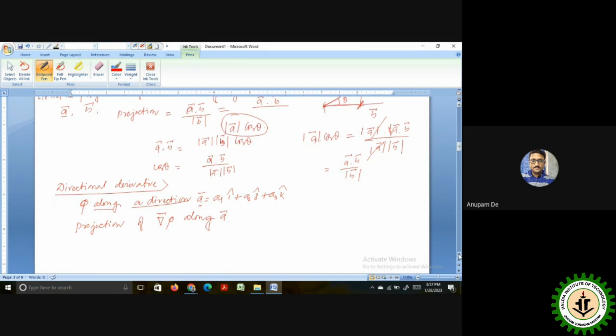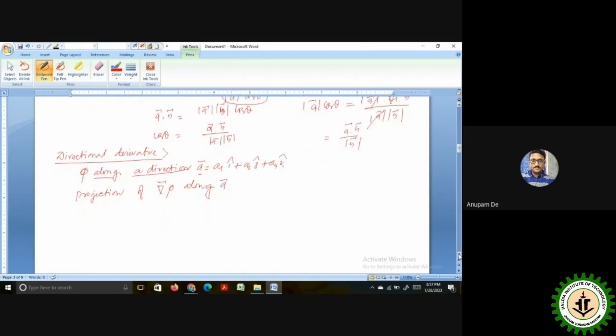The directional derivative is the projection of nabla phi, or grad phi, along the direction of A. And how to evaluate it? It is going to be grad phi dot A cap, that is vector A divided by mod A. That is the directional derivative.